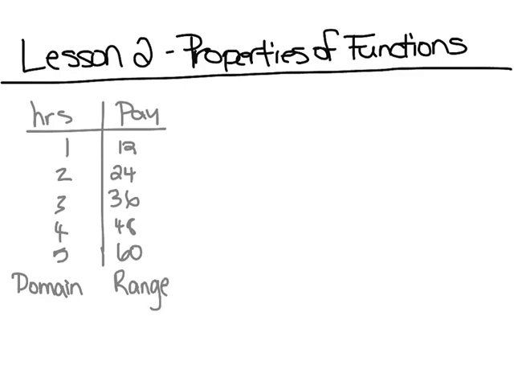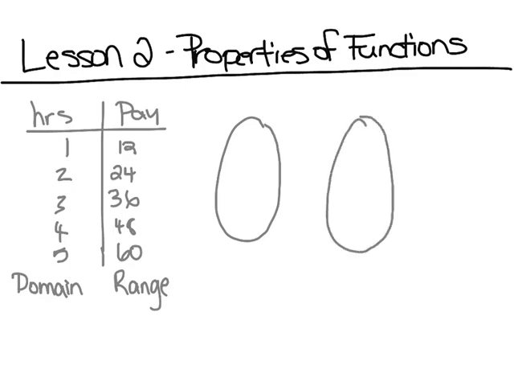First set, second set. We want to put it into an arrow diagram or circle diagram. So we have hours and the pay, and our association is for however many hours you work, you will get paid however much money you get.